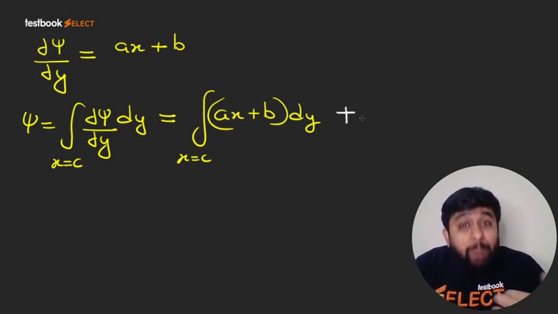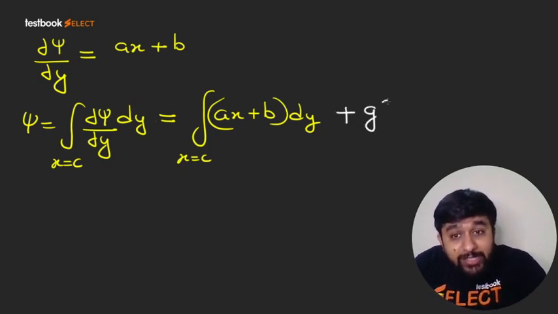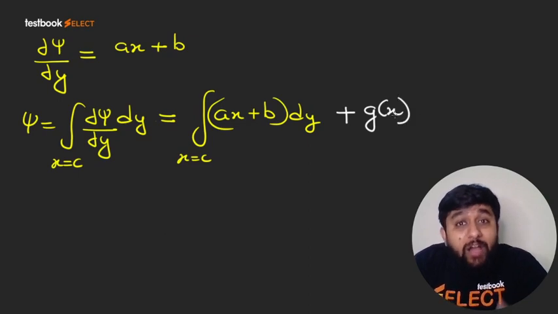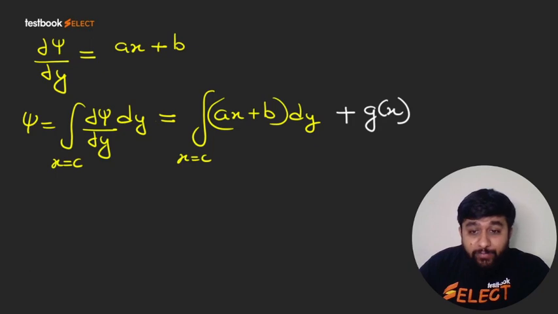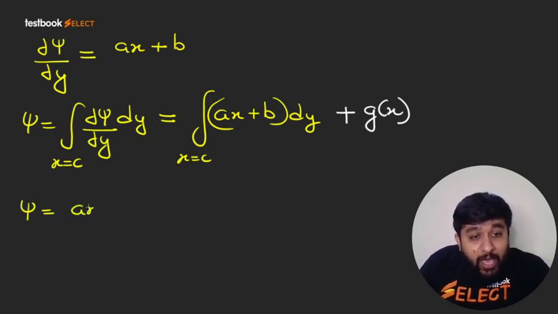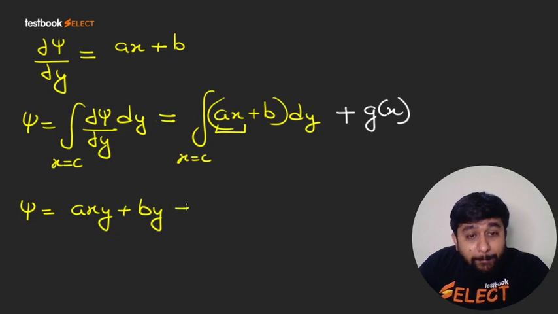But since it is a partial integration, treating x as constant, you will get a function of integration. So I think psi is going to be axy, because ax is a constant, plus by plus a pure function of x.